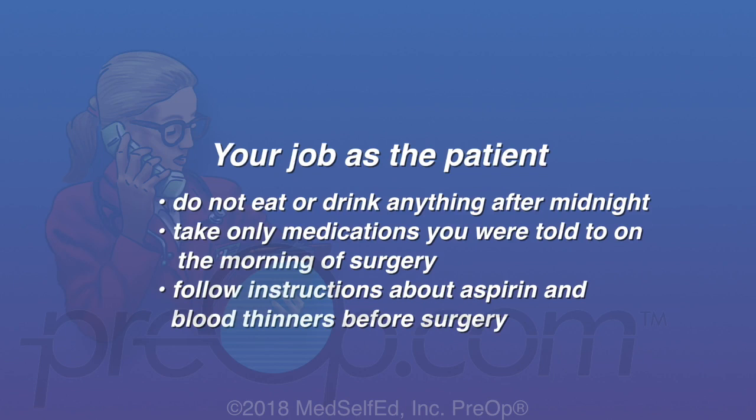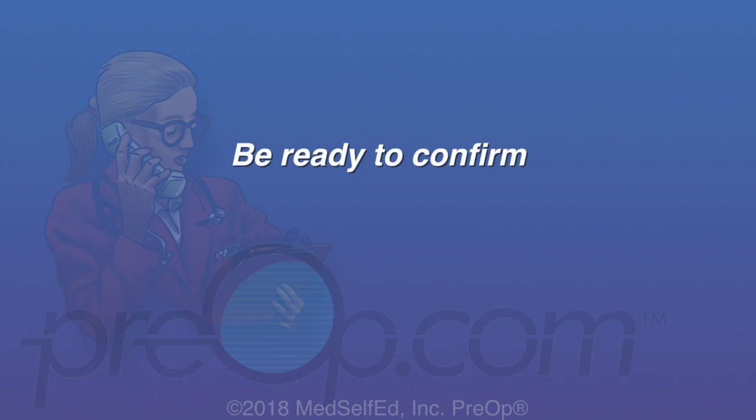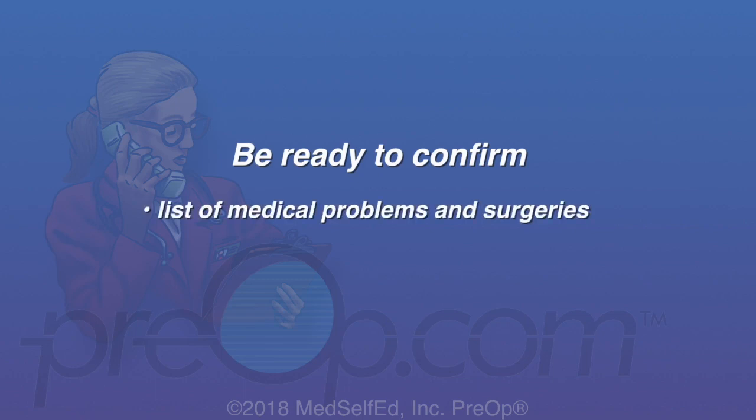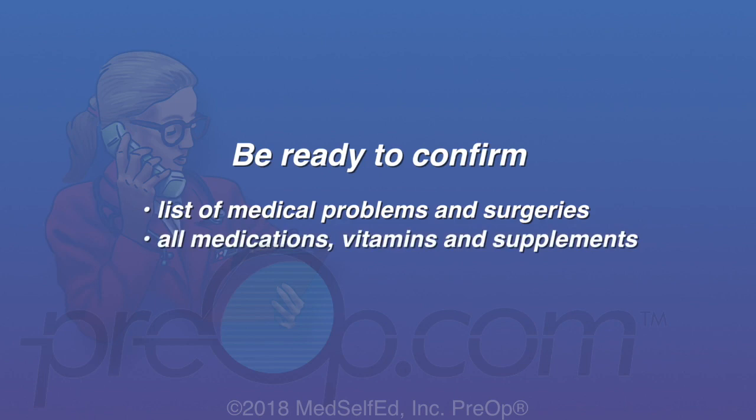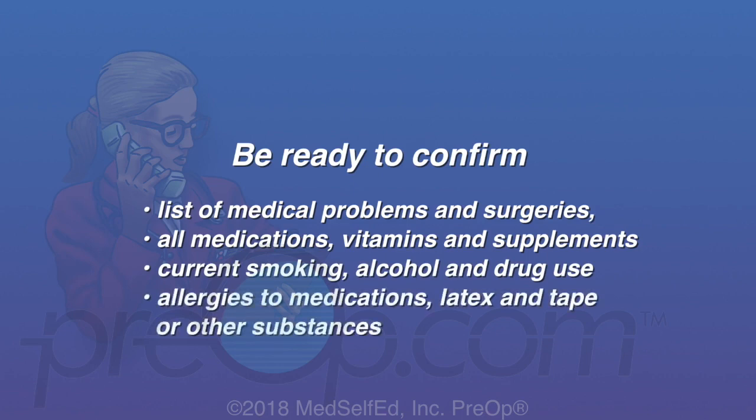You may be asked to stop taking them or to continue taking them depending on your situation. And arrive on time. You should be ready to verify or confirm your list of medical problems and surgeries, all of your medications, including vitamins and supplements, your current smoking, alcohol, and drug use, and all allergies, especially to medications, latex, and tape.